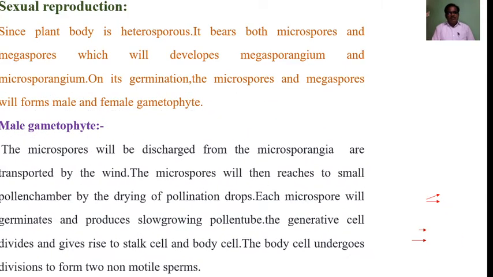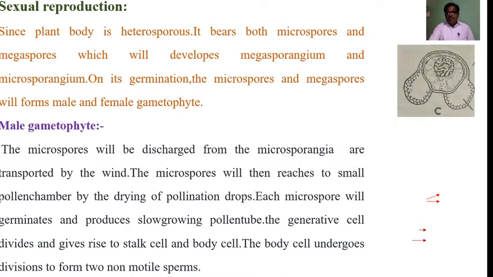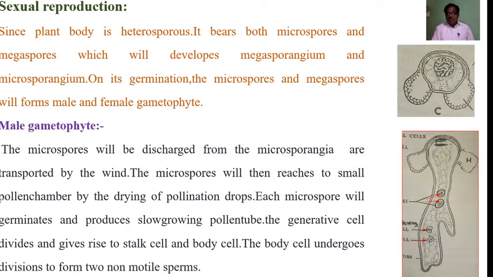The male gametophyte starts from the winged pollen grain, or microspore, or simply the spore. Why is it known as a microspore? Because it is male, so it is known as a microspore, and as it has wings, it is known as a winged pollen grain.